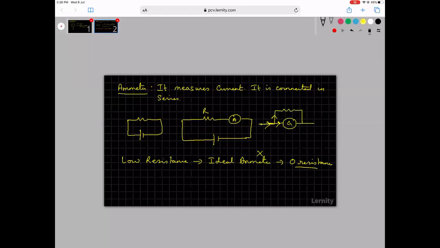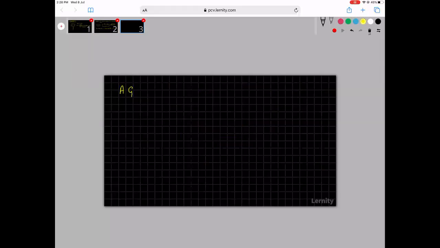Yesterday, I gave you a few problems. Here I give you one more question. A galvanometer shows full deflection for 100 milliamp current.